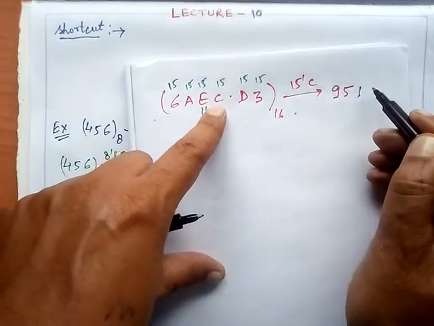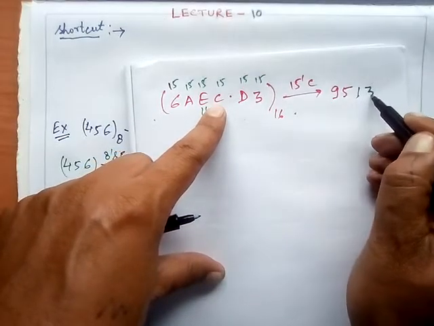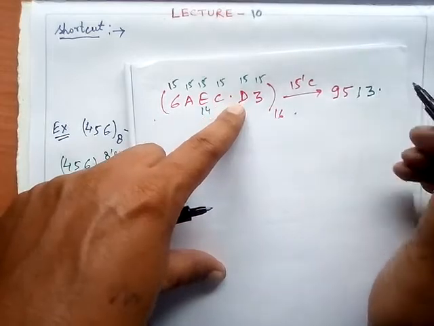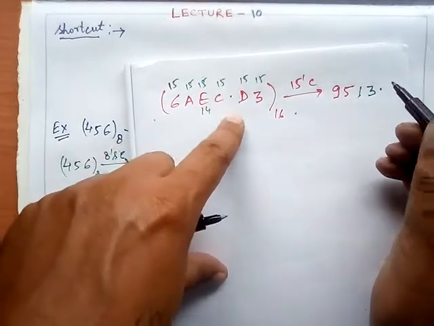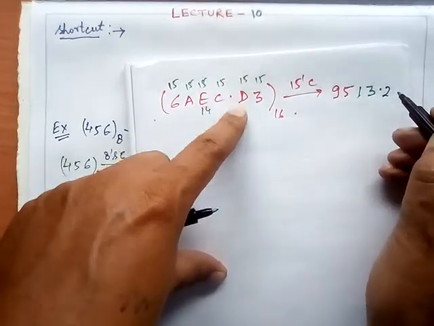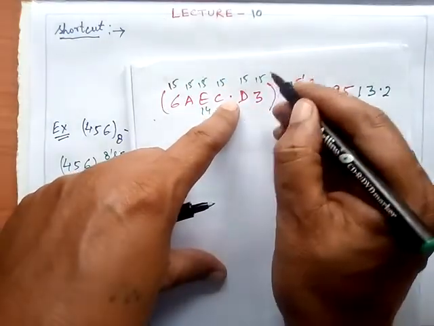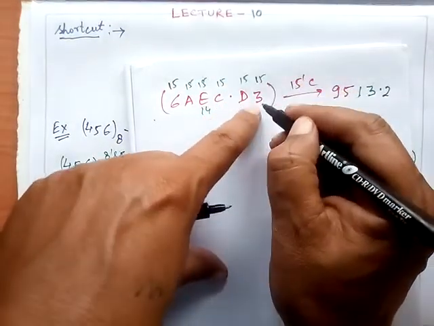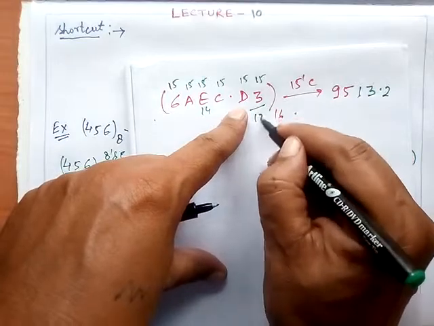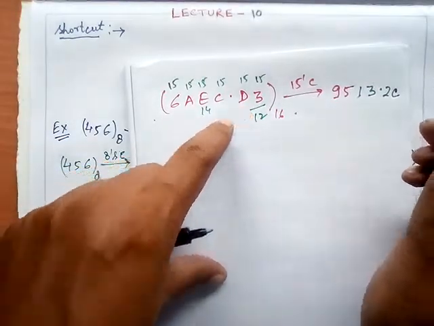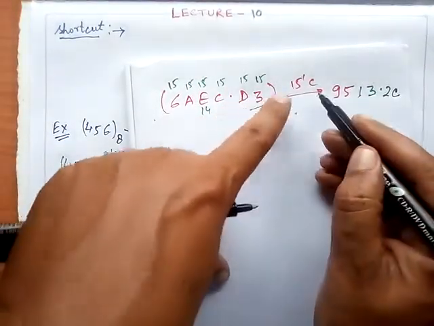Then C is 12, 15 minus 12 is 3. Point. D is 13, 15 minus 13 is 2. And 15 minus 3 is 12, and 12 corresponds to C. This is the 15th complement.